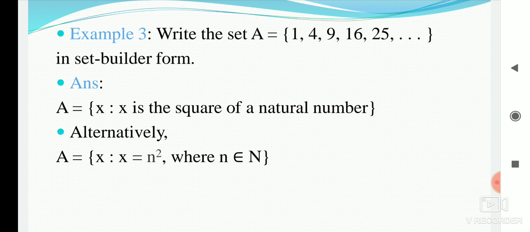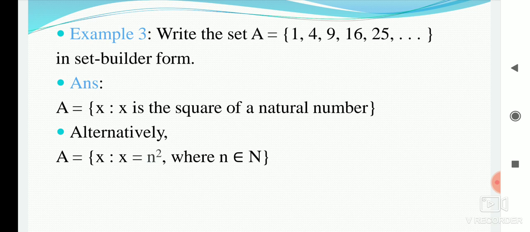If you observe these numbers, you will be able to see that each number is the square of a positive integer. Okay, so 1 is the square of 1, 4 is the square of 2, 9 is the square of 3, and so on. So how will you write this? It has to be written in set builder form. That way you don't have to list everything, because this is an infinite series.